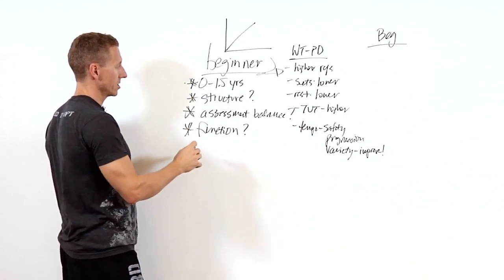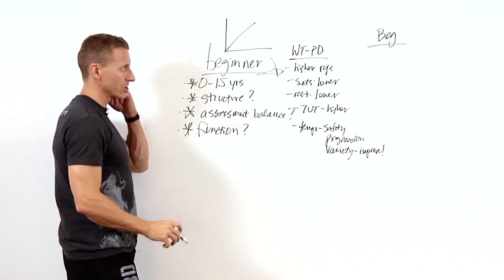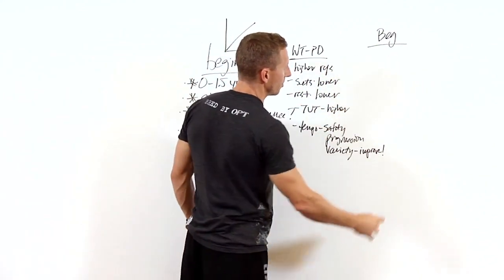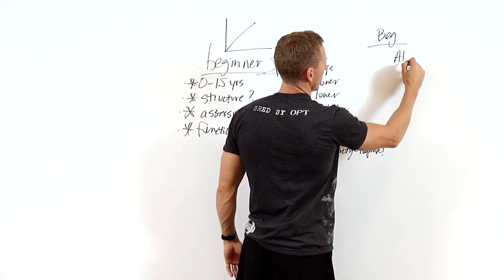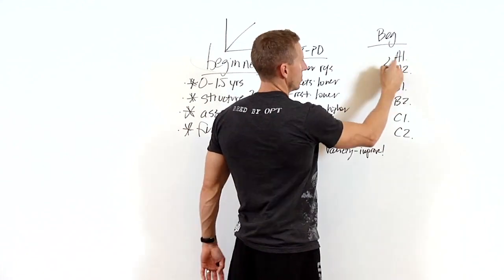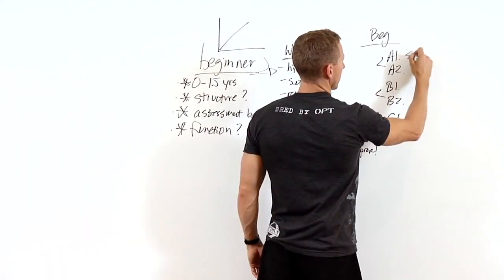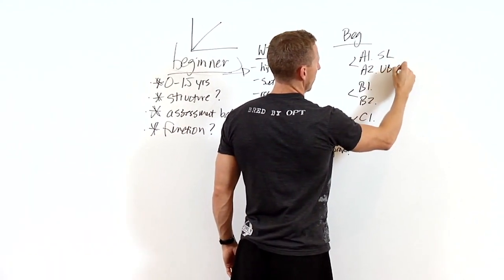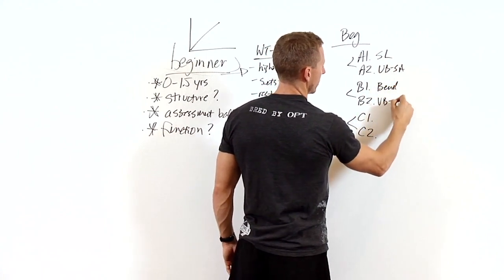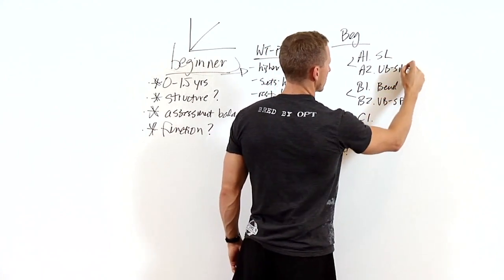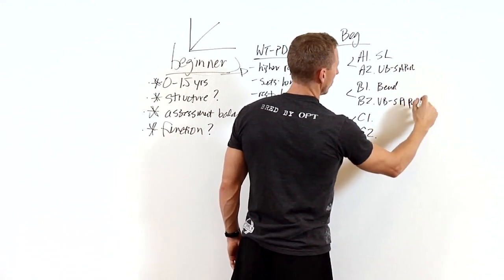Low experience, there may be some structural issues, we've got to look at the assessment balance, we've got to look at function. Therefore, when I write this up, it has to be a generalized thing. And we can do it as simple as pie. 2 or 3 pairings of exercises: single leg, bending activities, upper body single arm push, single arm pull.